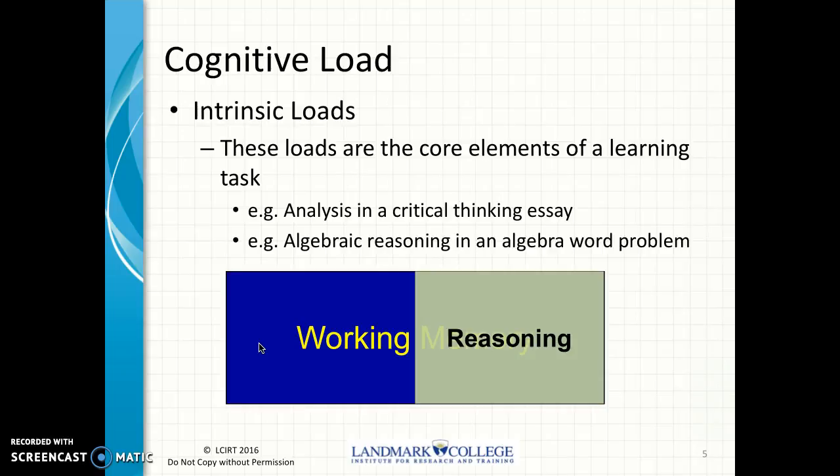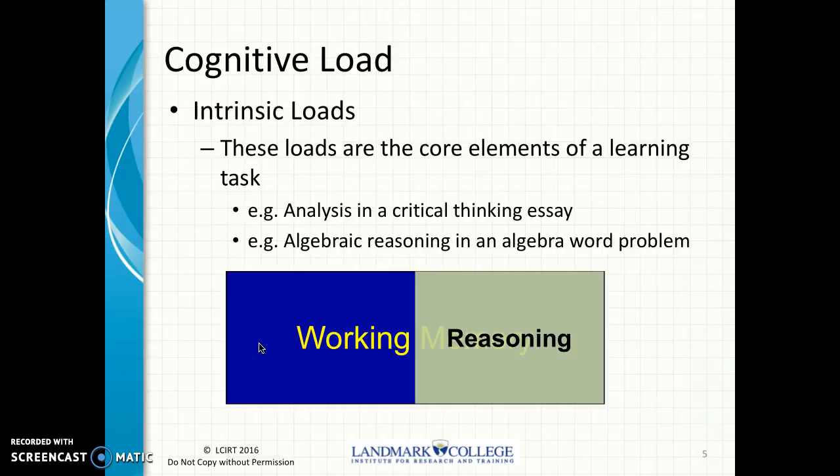That's the core element we want the student struggling with because that's the skill we want to develop. So we have, on the one hand, extraneous loads. These are not critical elements of our learning task. And we have intrinsic loads. They're the core elements of our learning task. And what counts as extraneous and what counts as intrinsic depends largely on what you set your learning goals to be.